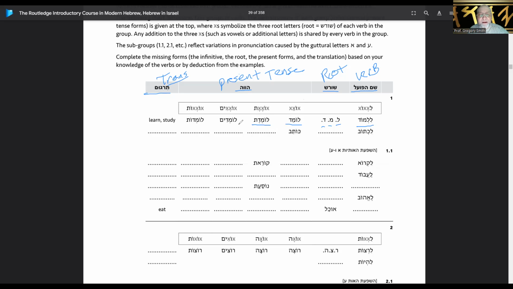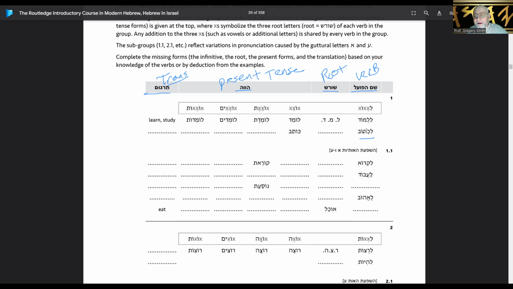Lomedet, she is learning. Lomdim would be they are learning. Lomdot would be they are learning, all feminine. So you can say hem lomdim, they are learning, or hen lomdot. That's essentially what they've got going here.